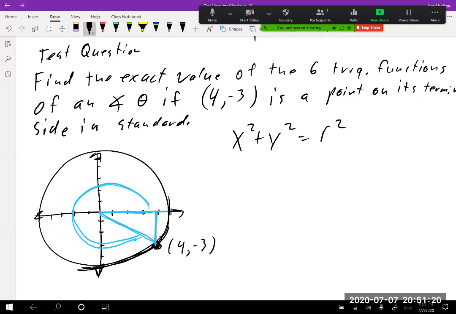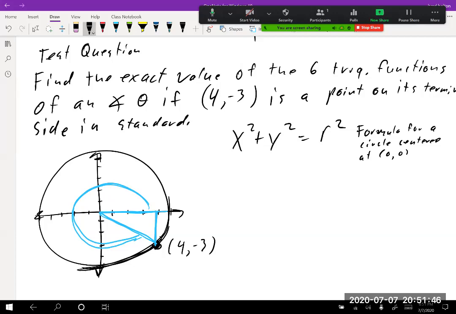Okay, so that's basically your standard form of any circle. I'll write this over here: formula for a circle centered at (0, 0). So they said in standard position and everything like that.